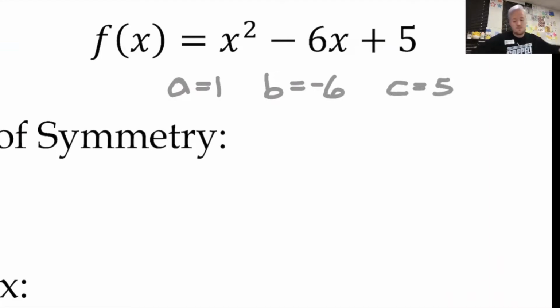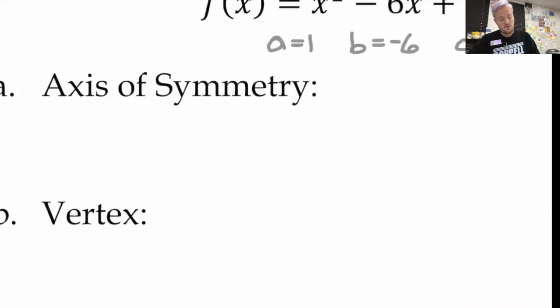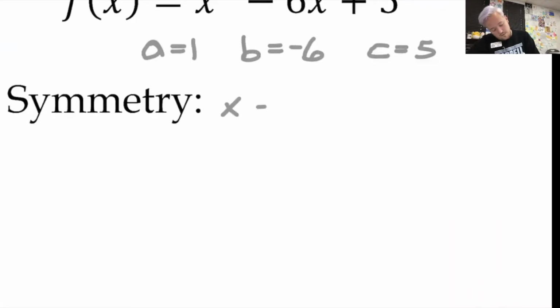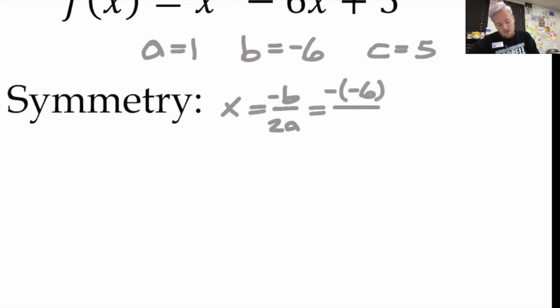All right, so I'm going to start off by finding my AOS, the axis of symmetry. Your formula for the axis of symmetry is going to be x equals the opposite of b all over 2a. So I want the opposite of b, which is -6 all over 2 times 1. A negative times a negative in the numerator is going to give us a positive.